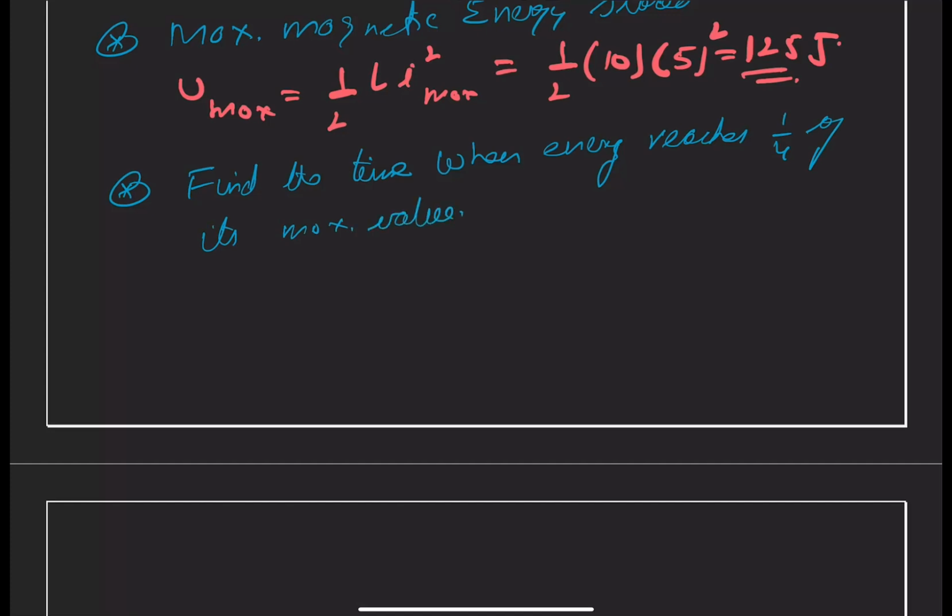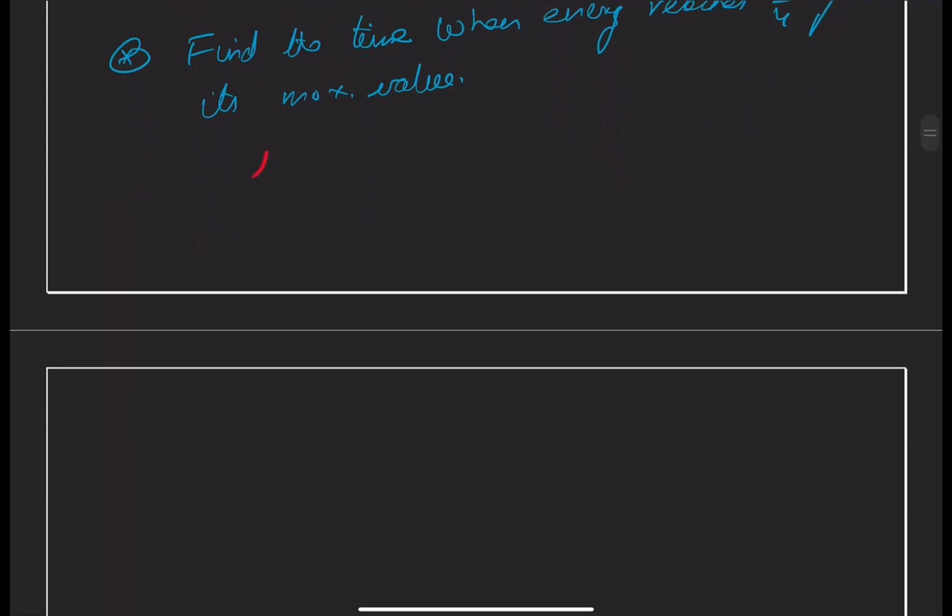So we want our energy to be equal to 1/4 of the maximum value, which comes as 125 divided by 4, which is equal to 31.25 joules. And we are going to find out the time.